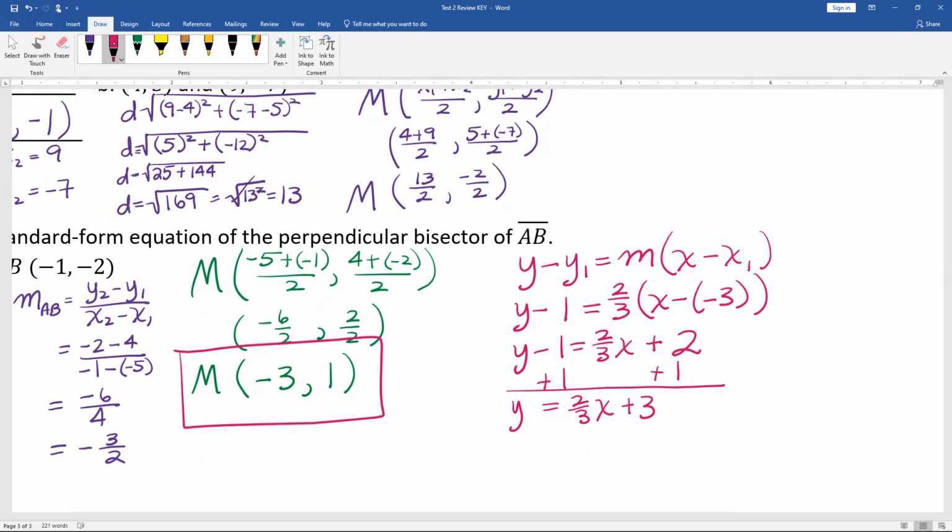So this is 3 times y, 3 times 2/3 x, and then my last term is my constant term, so that's 3 times 3. The 3 times 2/3 x, those cancel out, and so we're left with 3y equals 2x plus 9.